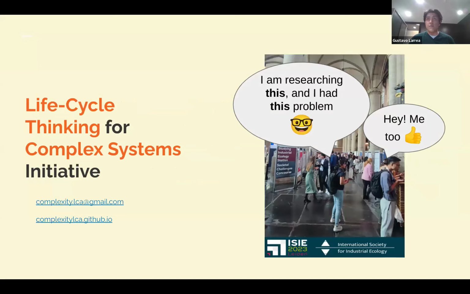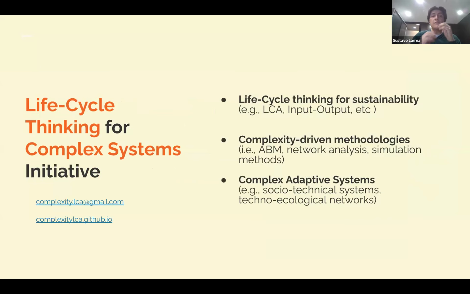The Lifecycle Thinking for Complex Systems initiative is basically a group of young researchers that share a common interest in understanding the sustainability of complex systems. For this purpose, as you will see today, we commonly combine tools that are well known in the industrial ecology field, such as life cycle assessment, with methods like agent-based modeling to model and study complex systems such as socio-technical or techno-ecological systems.